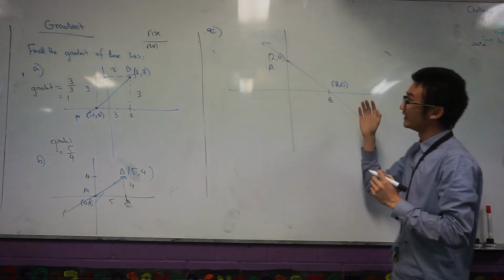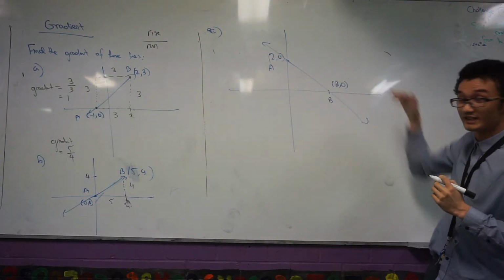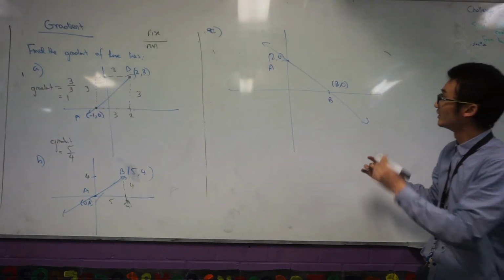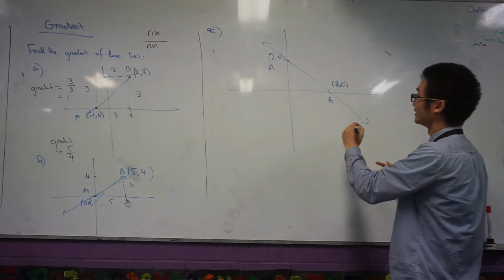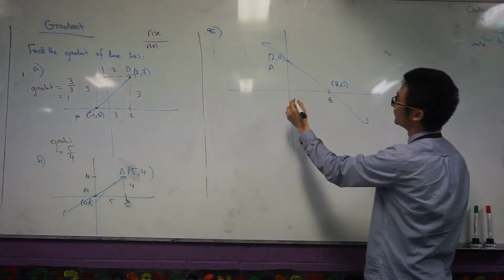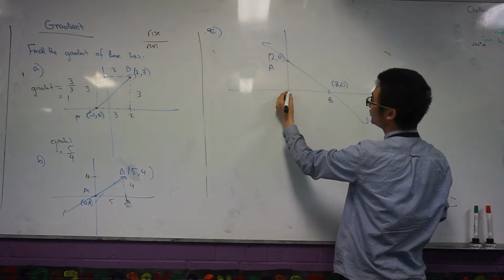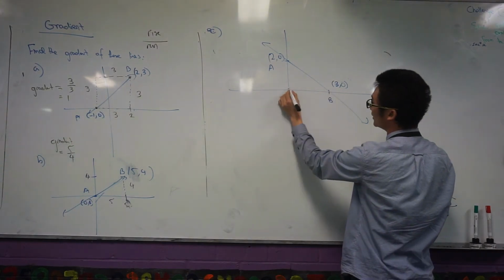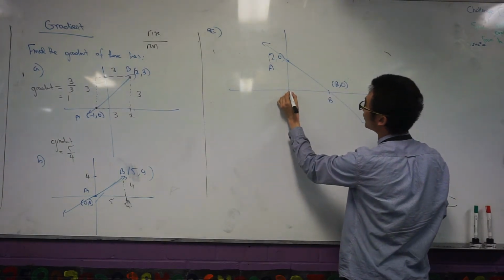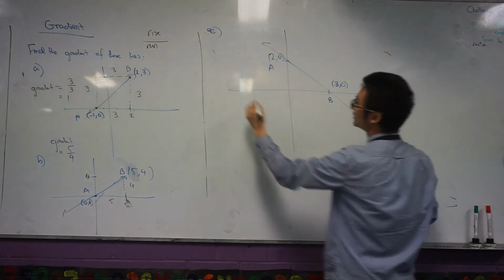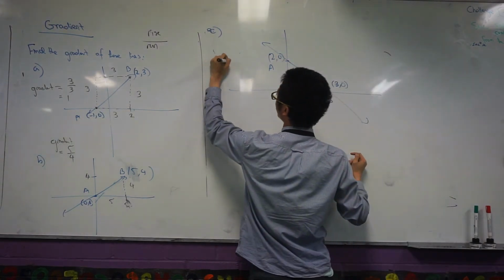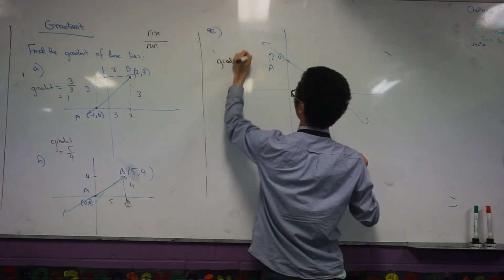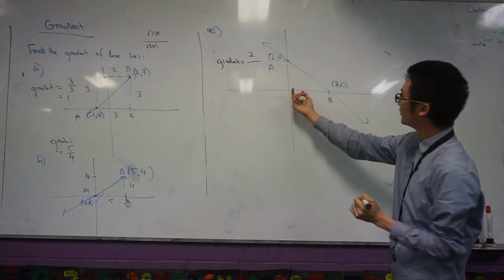Last one here, so I want to be careful. I can see already, reading from left to right, it's going downhill, so it's going to be a negative gradient. Okay, I want to make sure I put that in my final answer. But let me just do the rise over run first. So I know I'm going up 2, right? Because I look at the y coordinate of B, and I see, oh, I have to go up 2 units to get up to A. So my gradient is equal to 2 over my run.